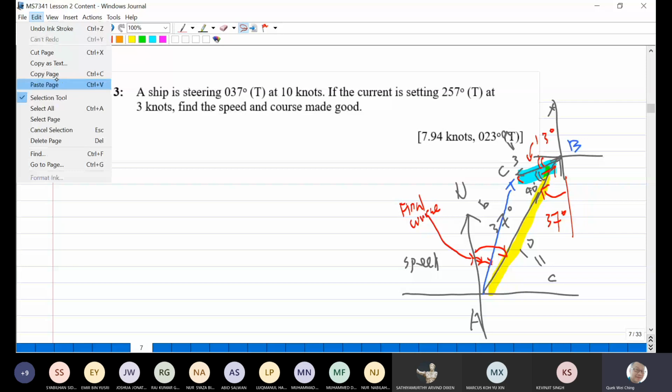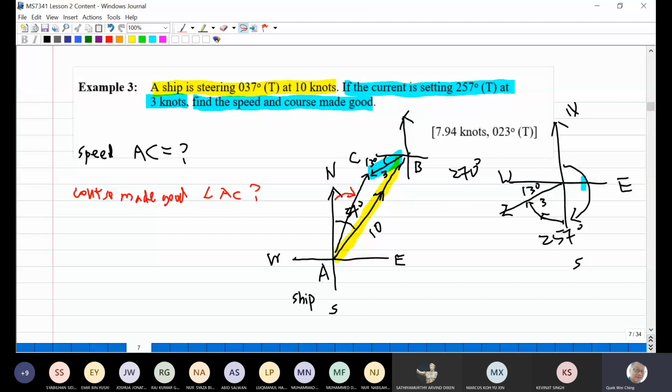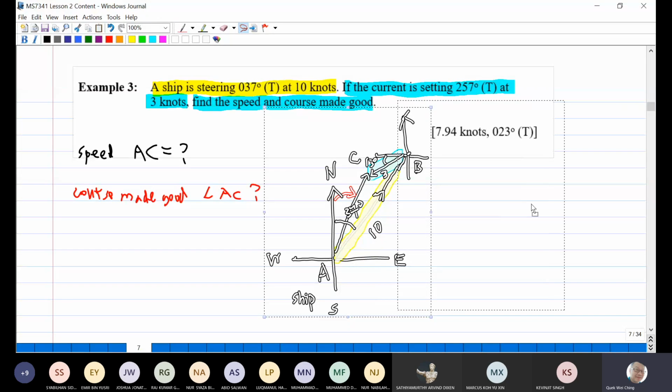I'm going to push the diagram aside to show you more working. Let's move this diagram to the right side and then blow up.